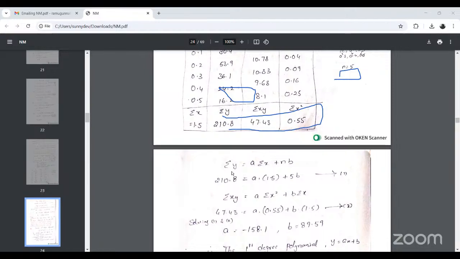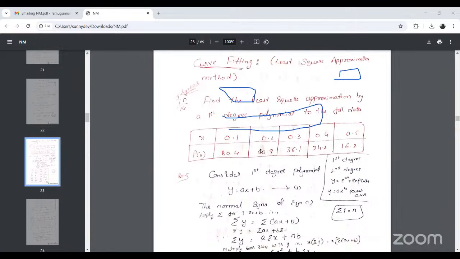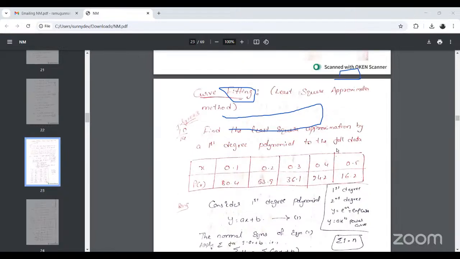In the fourth unit, we are getting least squares and curve fitting. So how can we do the curve fitting? This is also very important in your textbook.